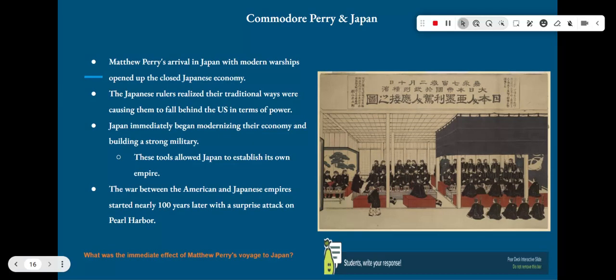And we have two choices. We can modernize and industrialize, build a strong military and become a world power, or we can be taken over, colonized, have what resources we do have taken from us, and be like all of these other countries in Asia. And Japan chose the first option.